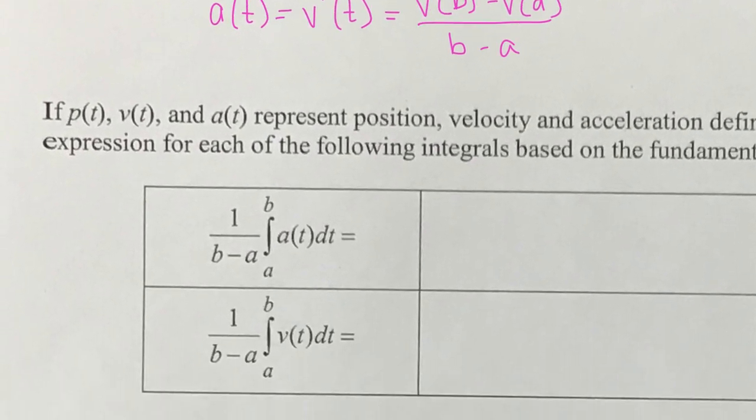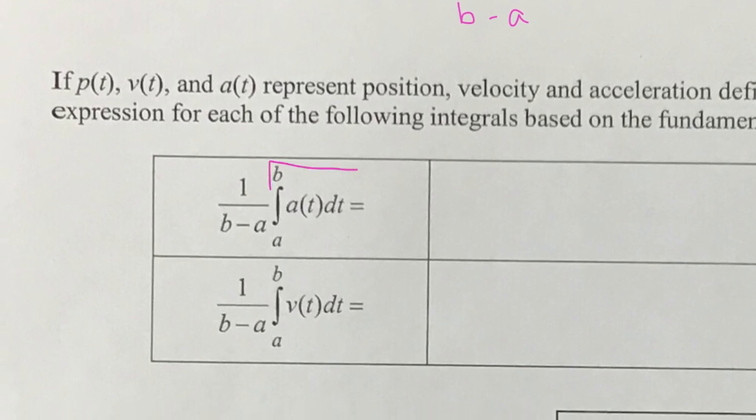So let's put that together with what we know about the fundamental theorem. If we have the fundamental theorem where A is the acceleration, and we're going to take the integral of acceleration, what do we find for our function when we take an integral?